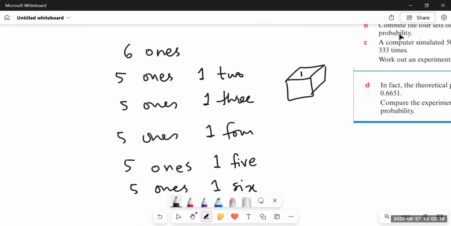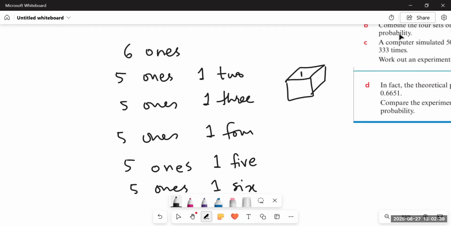Similarly, we will have the same sort of outcomes for the other numbers. That is 5 showing 2 and other 1. 5 showing 2 and the sixth one showing 3. 5 showing 2 and the sixth one showing 4. Similarly, these outcomes would be for 1, 2, 3, 4, 5, 6. So this is how we are going to get 60 more outcomes.